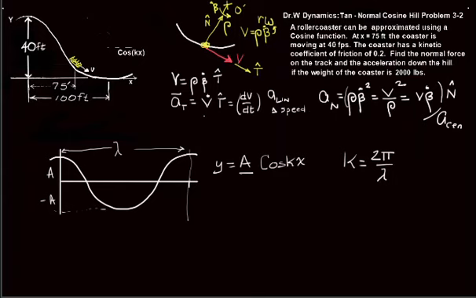Now the wavelength in this case is 100, and it would be symmetrically another 100. So the wavelength is 200, so k is going to be 2 pi over 200, or pi over 100, and that would have units of 1 over feet. Now another problem that we have here is we're using the ground plane up here for our reference point, and we can do that.